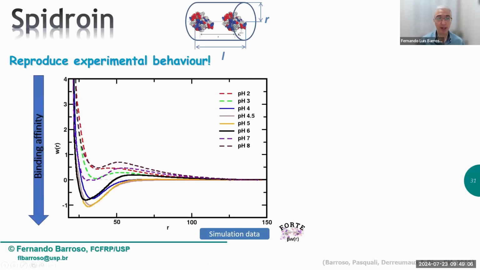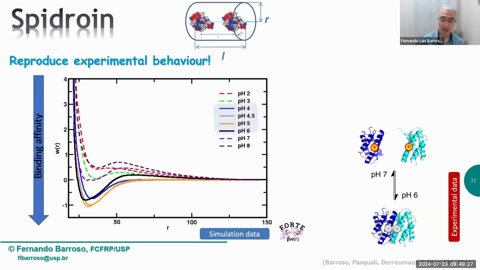In this plot, I have the binding affinities as a function of pH. The dashed lines are when they are under monomer conditions, and the solid lines are when they are under complex. And we got exactly the pH window that's observed in the experiments. So here we have the same mechanism.